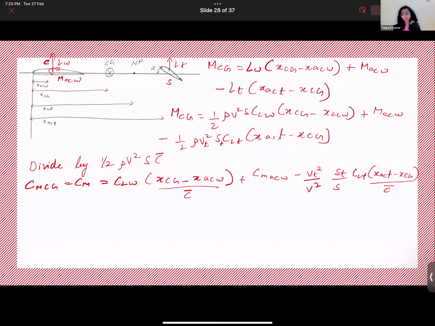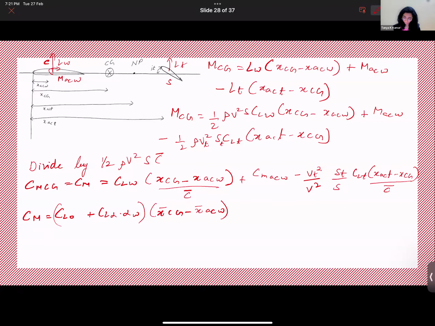Now we need to expand this CL of the wing. It's a cambered airfoil, so how will we expand that? CL of the wing is CL naught plus CL alpha into alpha, CL alpha wing into alpha wing, times X bar CG minus X bar AC wing, right?